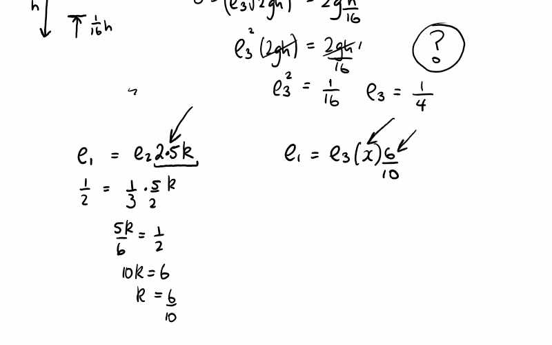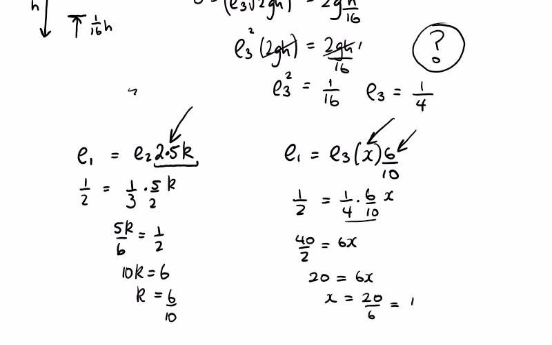So 1 over 2 is equal to E3, which was 1 over 4 by 6 over 10 by X. So we got 40 on the bottom here, multiplied by the left it's going to be 40 over 2 is equal to 6x. So 20 is equal to 6x. So x is equal to 20 over 6 or 10 over 3. They don't ask us for rounding off, but this is in centimeters.